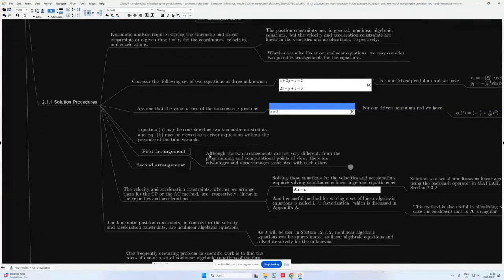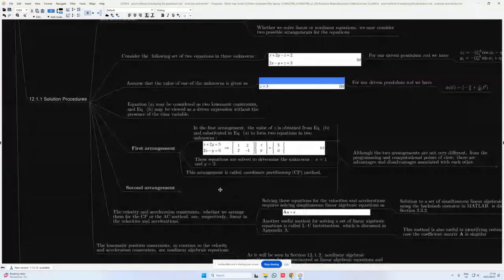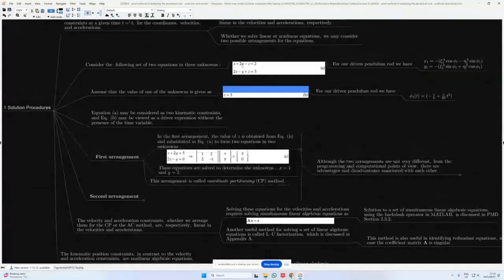And this is now where we jump into the two arrangements of how we can actually solve these problems. The first arrangement says that the value of z is obtained from equation B, and we simply substitute this into equation A. So we substitute in to get x plus 2y minus 3 is equal to 2. If we take the minus 3 over, it becomes x plus 2y is equal to 5.